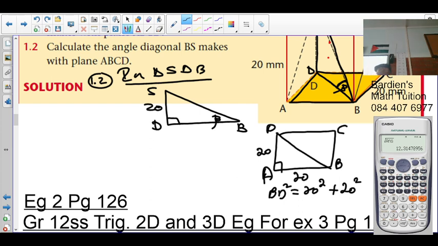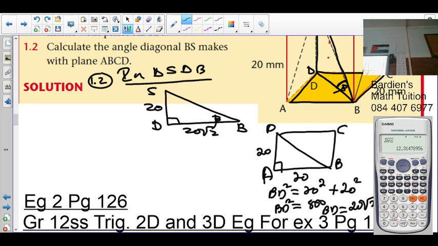Right. Pythagoras then. Can you see that, people? So that's going to give you 400 plus 400 is 800. So BD squared is 800. So BD is equal to the square root of 800, which is 20 root 2. Do I have enough information to calculate that angle now? Yes.